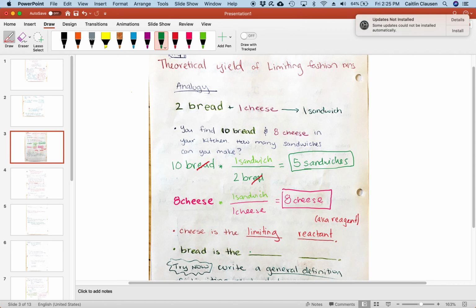And we would call the cheese, whoops, nope, said that backwards. We just figured out that the cheese is the excess reactant. We would have 3 pieces of cheese left over and no more bread to make sandwiches with it, while the bread is the limiting reactant.